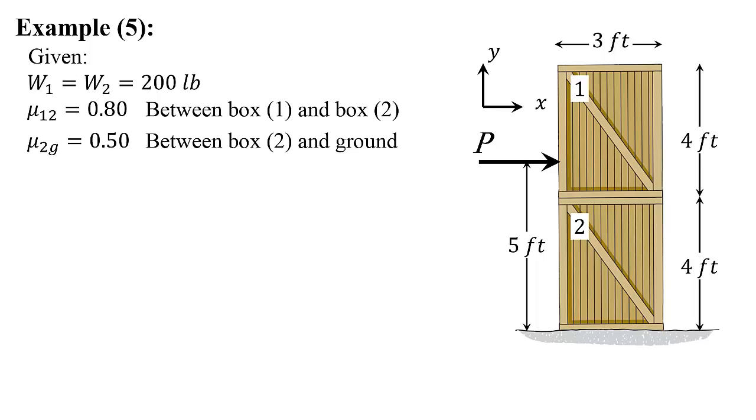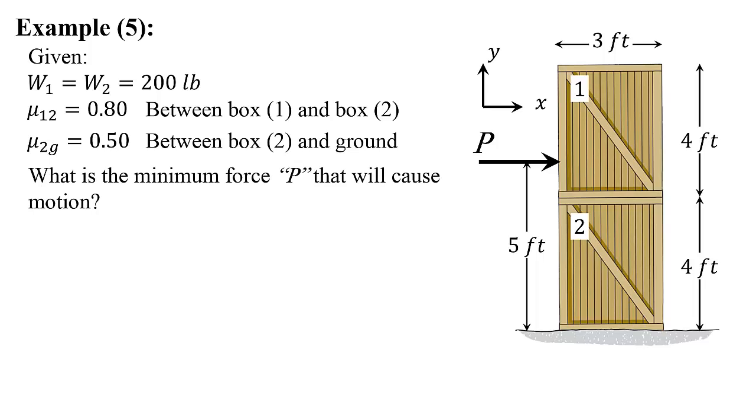Mu12 equals 0.8, which is the coefficient of static friction between box 1 and 2, that's the subscript 1, 2, and mu2g is between box 2 and the ground, it's 0.5. So what is the question? What is the minimum force P that will cause motion? That's it.